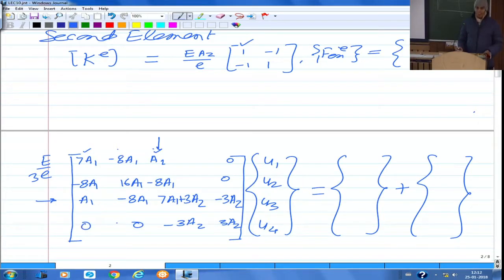So this is the assembly of one quadratic element and one linear element. In the first portion you can have 2 quadratic elements, in the second portion you can have more linear elements and so on. So this is how you actually do it.